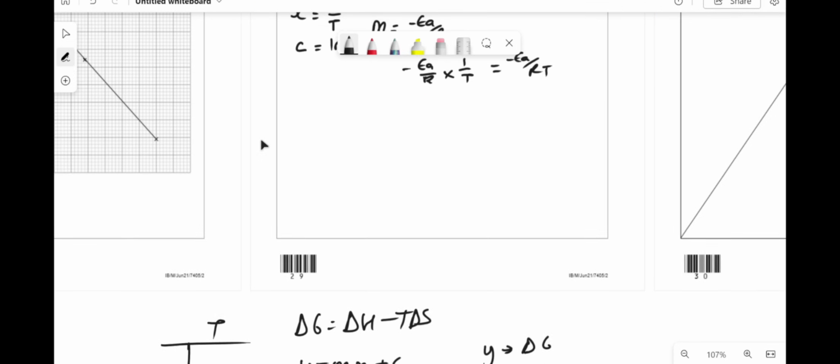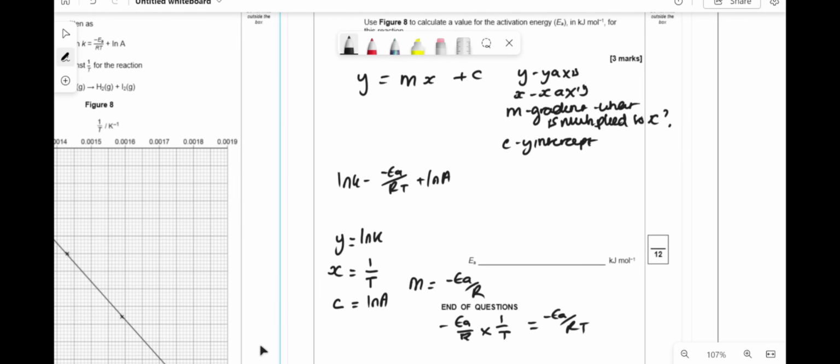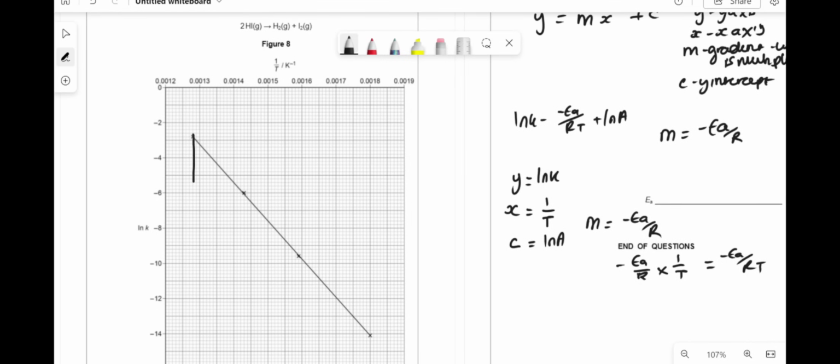So in this example, our gradient, m, equals negative EA over R. What you do is pick two points and work out the gradient: the y step over the x step, y2 minus y1 over x2 minus x1. You always do this way's coordinates first. A lot of people subtract this y coordinate by this one, and that's incorrect.